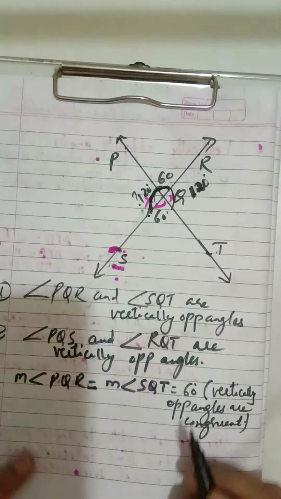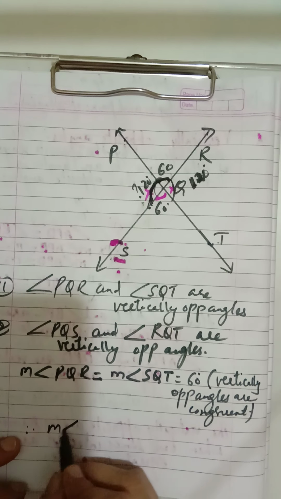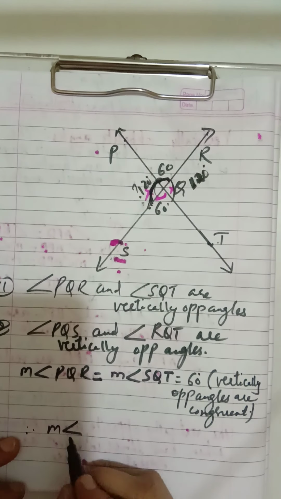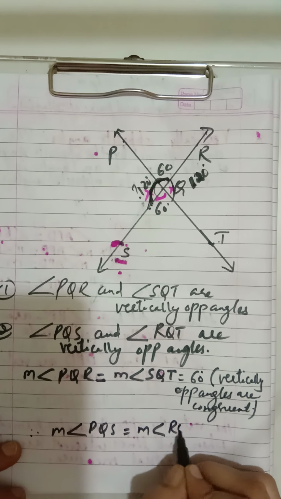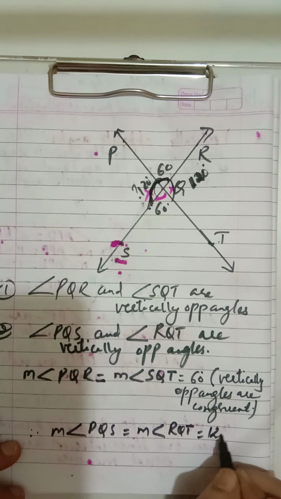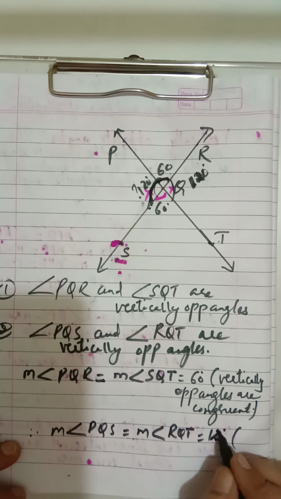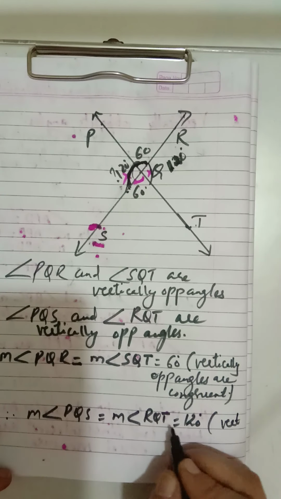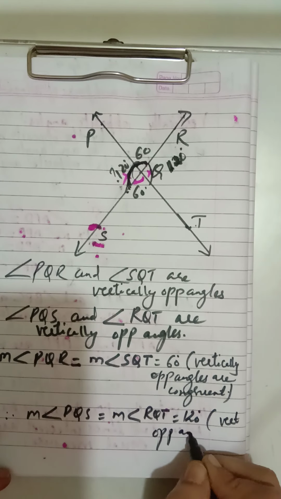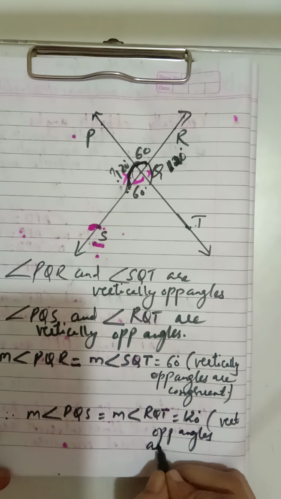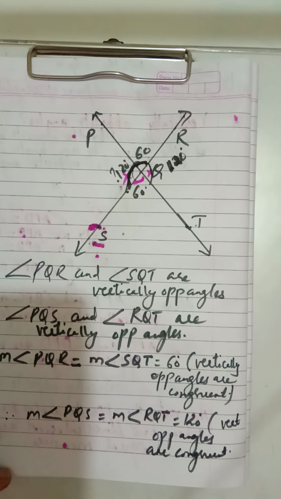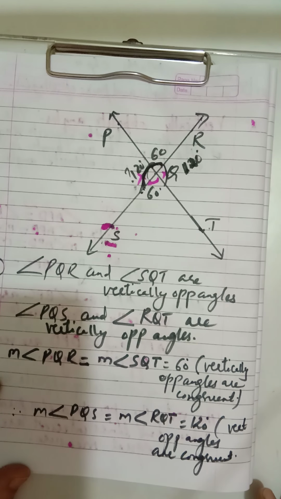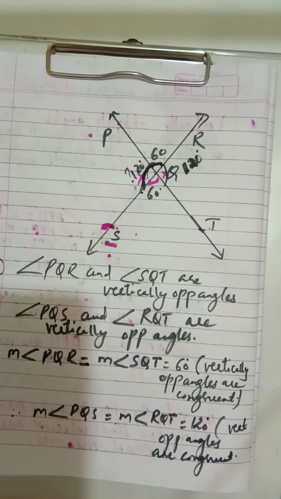This also we can write: therefore, measure of angle PQS is equal to measure of angle RQT, and that is equal to 120 degrees. Again we are writing, vertically opposite angles are congruent. Clear?